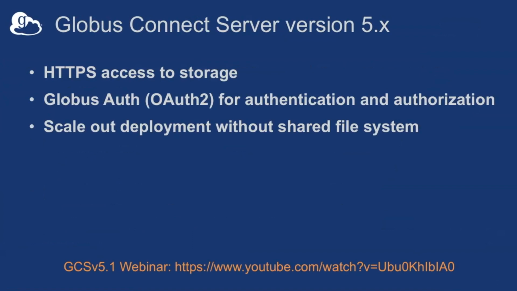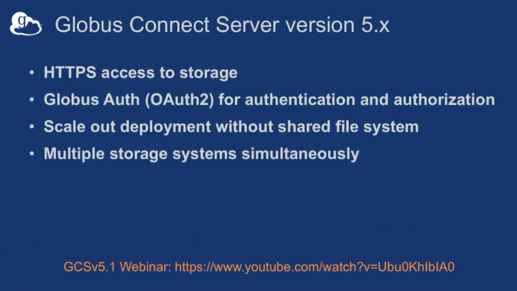So the new model will allow scale-out deployment, multiple Globus Connect servers across multiple DTNs without having to have a shared file system between them. That simplifies the administration. Multiple storage systems simultaneously: today with Globus Connect Server 4 and GridFTP, you have to have different installations of the software on different servers if you have different storage systems.